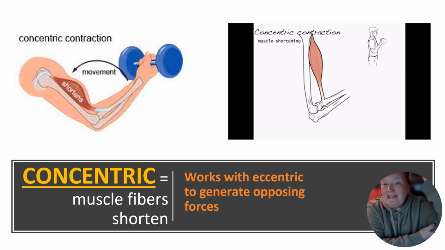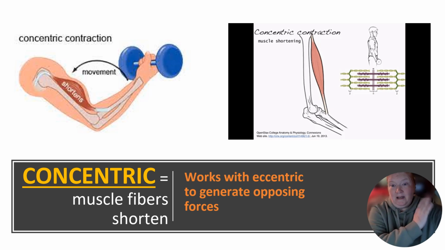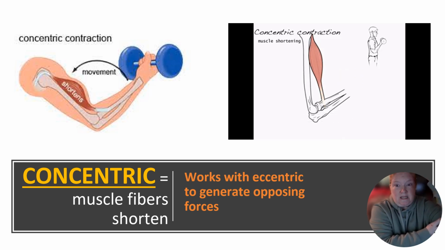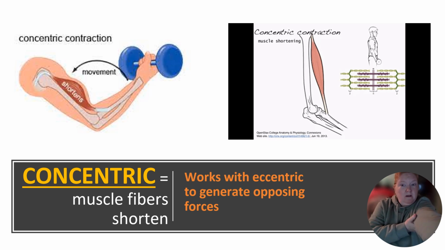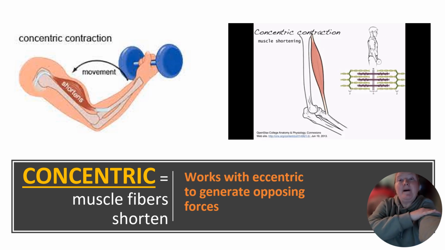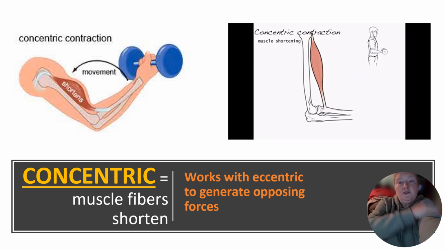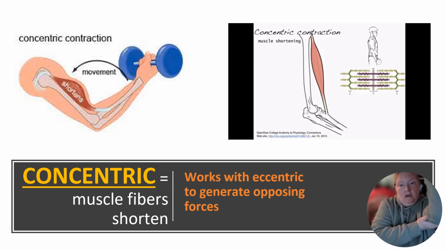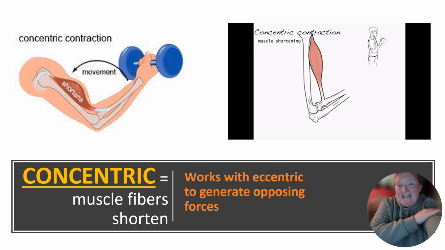My tricep on this side has to elongate. So I have contraction on this side and elongation on this side. But when I stretch my arm out like this, I have my tricep contracting and my bicep elongating. So this concentric, eccentric, concentric, eccentric.